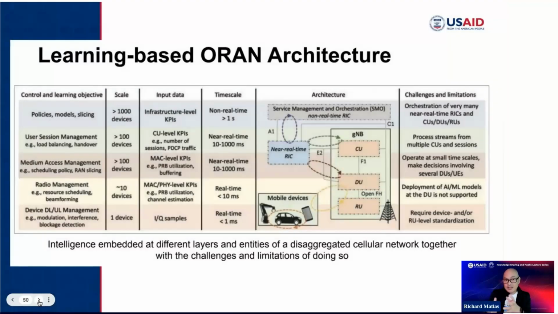AI has the potential to enhance the efficiency, reliability, and security of Open RAN networks. And it's likely that we will see more and more AI-powered solutions emerge as Open RAN continues to evolve. More about this in our course inside the academy.